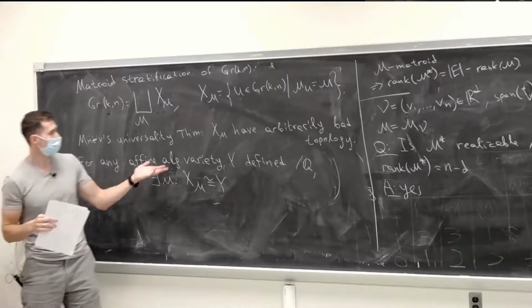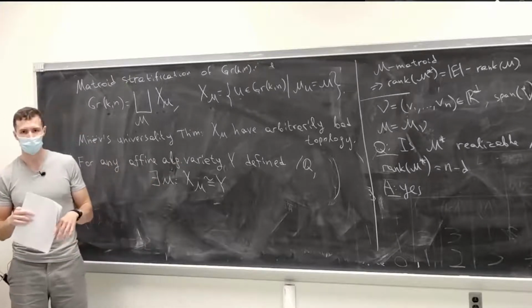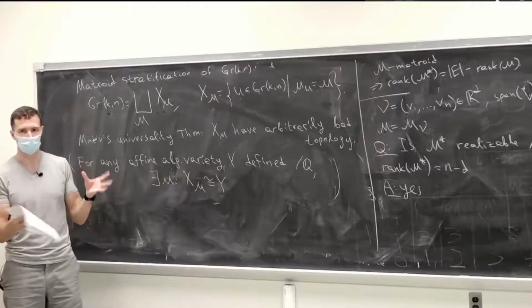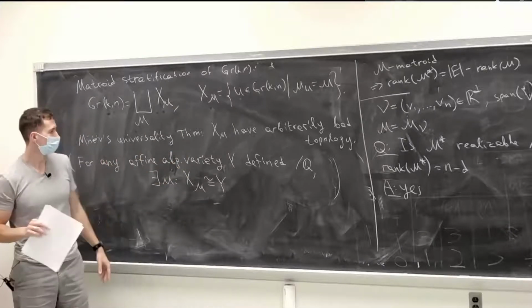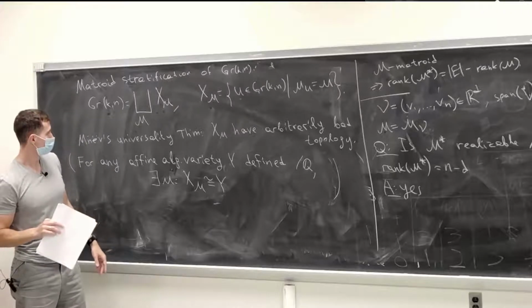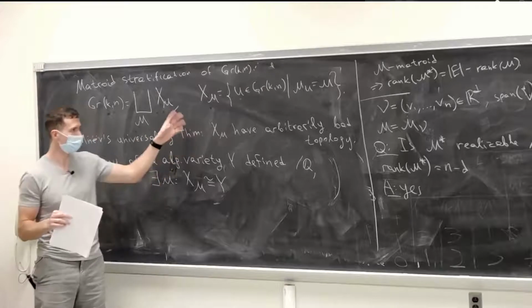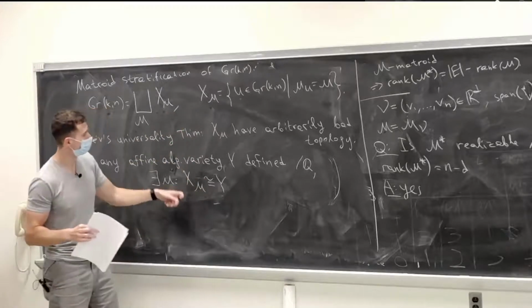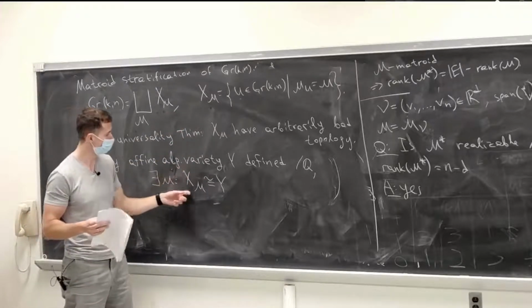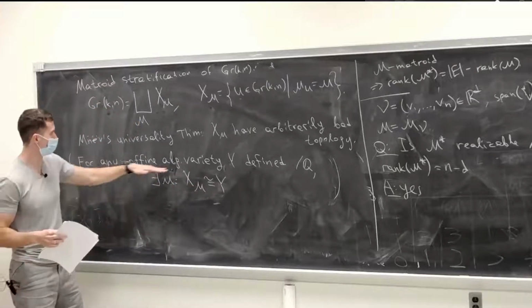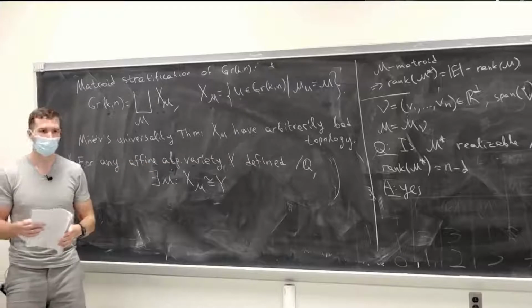Algebraic varieties are not very nice. You can basically cook up any topological space you want by taking enough polynomials. You can write your name using polynomial equations, and then there is a matroid whose realization space is that. So there is a matroid for any kind of topological space which can be obtained this way.